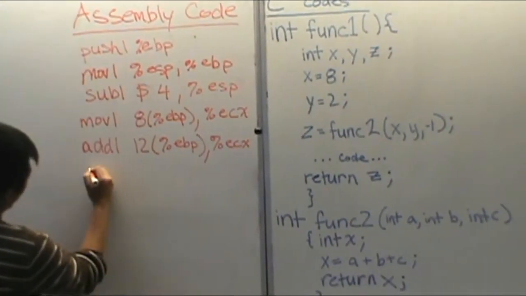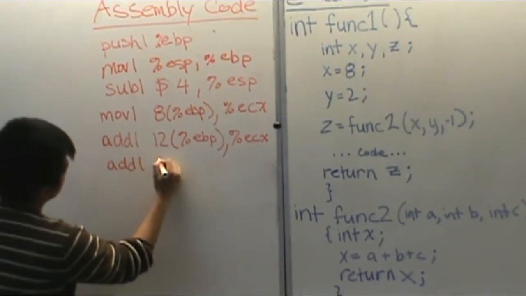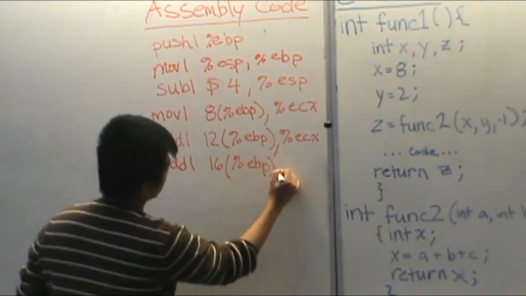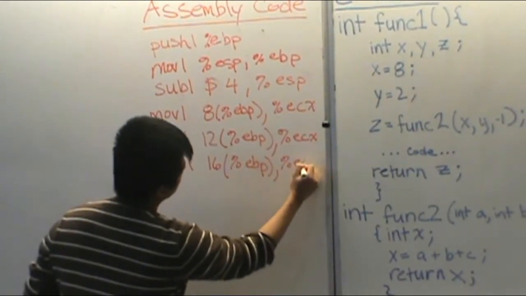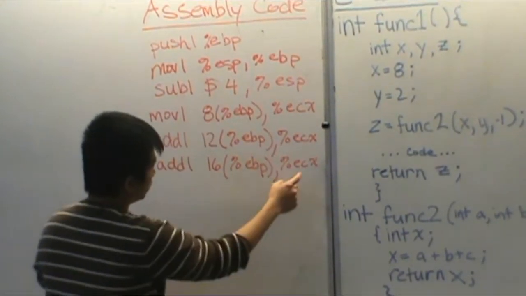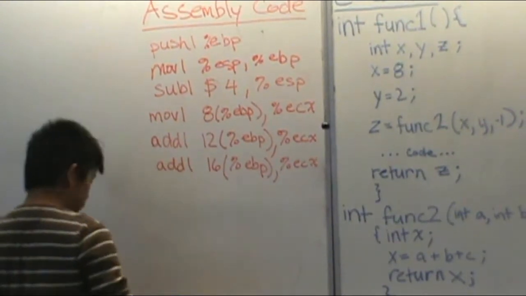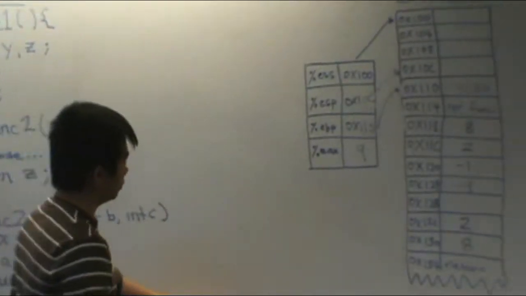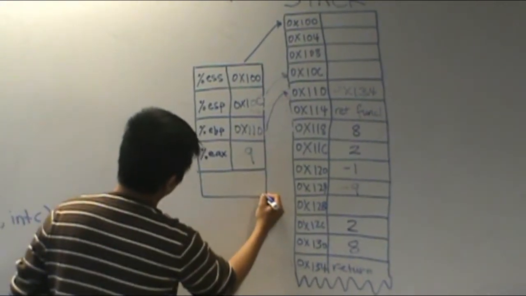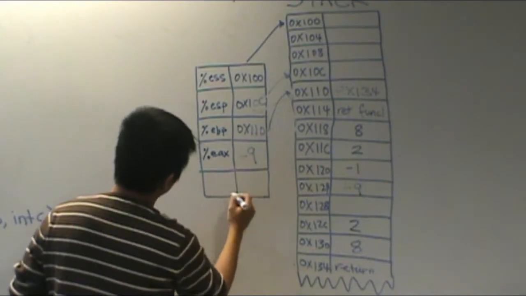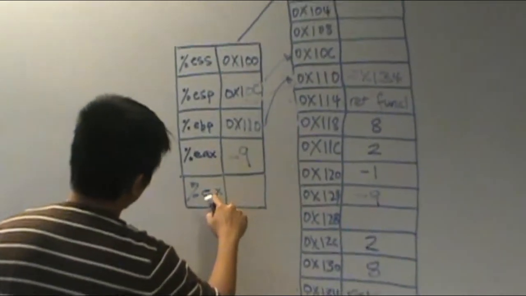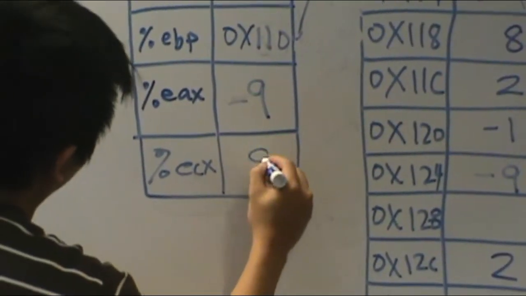So we add 16(%EBP) to register C. And then register C will have the value in it.